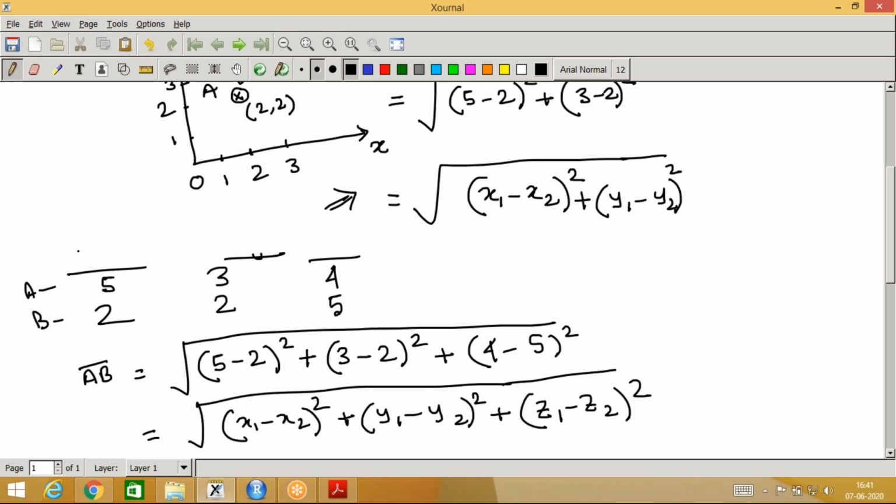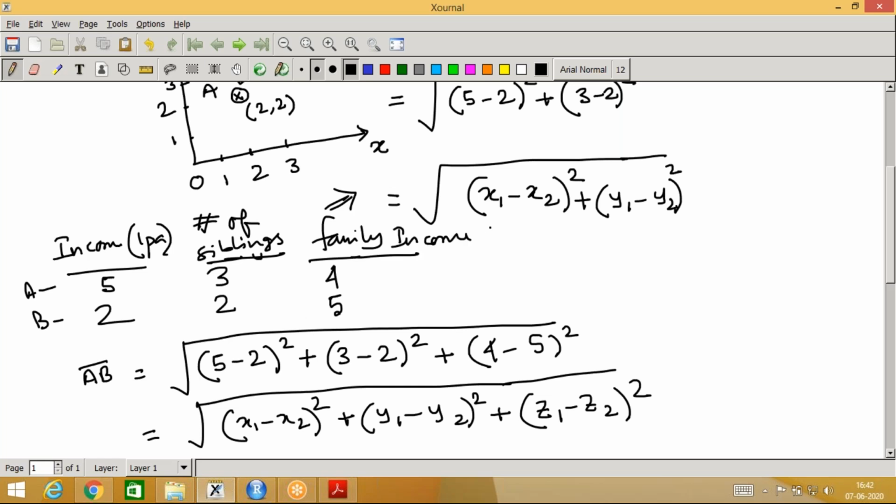Let's say these are two persons and this is their yearly income in lakhs per annum. This is their number of siblings, and this is their family income, again in lakhs per annum.